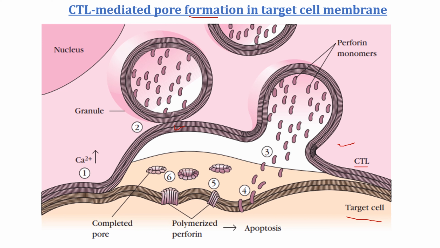Next, the released perforin monomers undergo a calcium-induced conformational change that allows them to insert into the target cell membrane. In the presence of calcium, in the fourth step, the monomers polymerize within the membrane, forming cylindrical pores. Here you see a side view of the cylindrical pores, the entire completed pore of polymerized perforin.